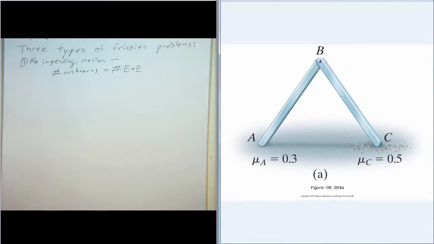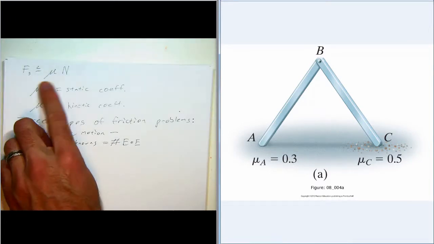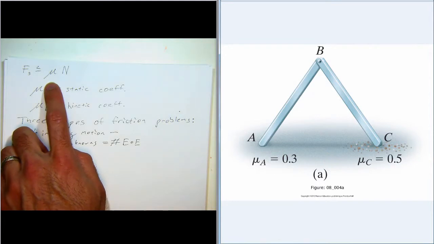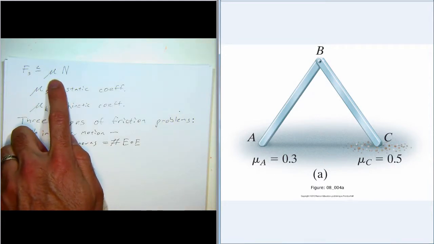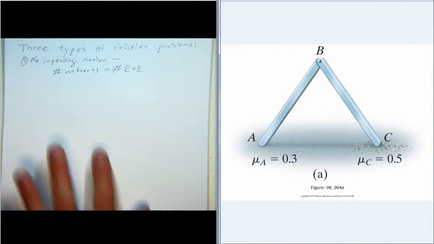Then we can use the equations of equilibrium to determine the magnitude of the force or the tension that we're pulling with, and then the friction force. And then we can check with our friction equation to make sure that that friction force is less than this maximum value, the mu times N. So that's the first type.